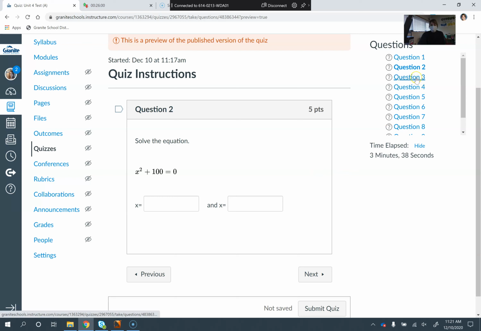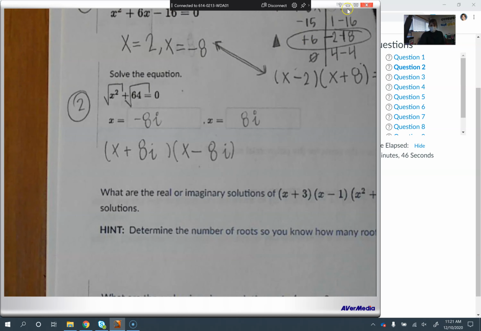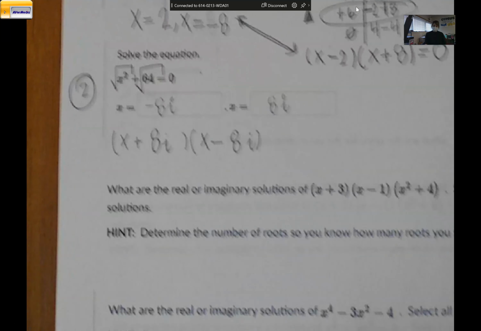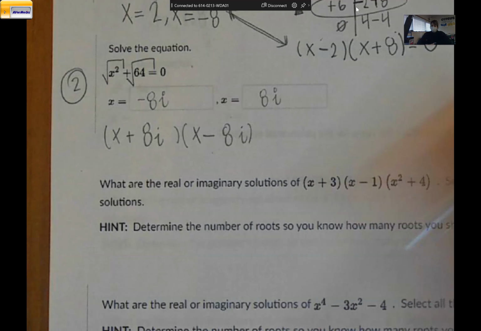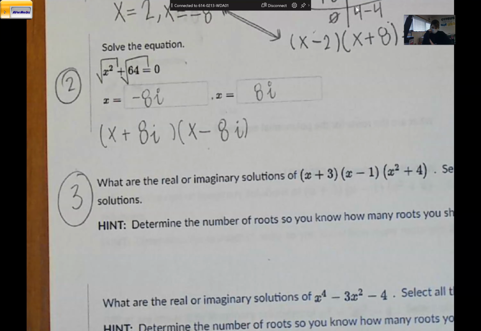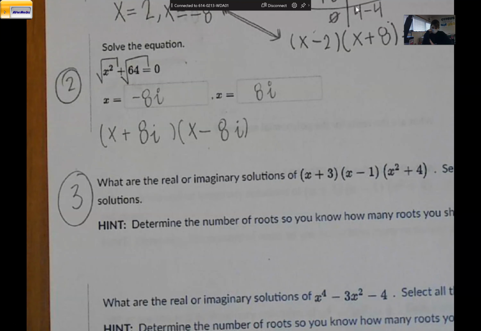So take approximately 45 seconds to do number 2. About 30. 20. 10.